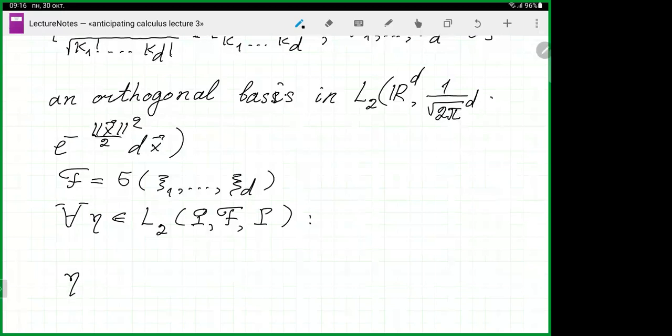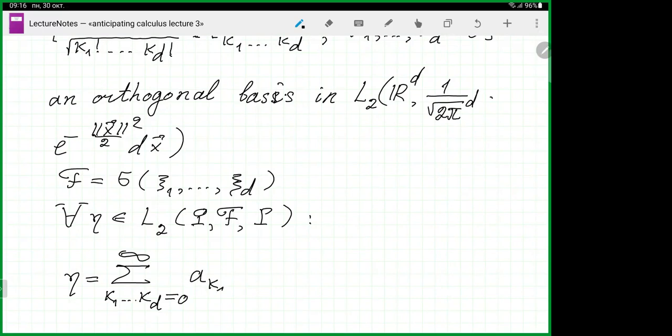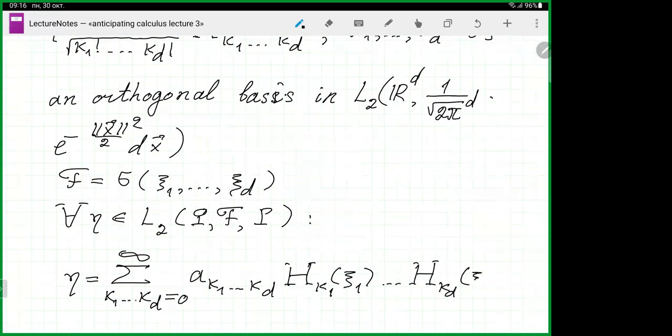Eta is equal to the sum from k1, ..., kd equal 0 to infinity of a_k1...kd, and here H_k1(xi1) and so on, H_kd(xid).